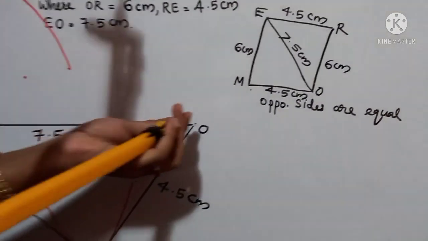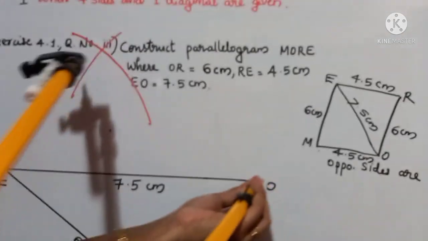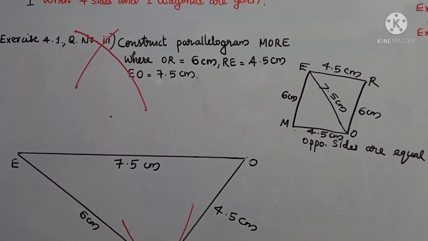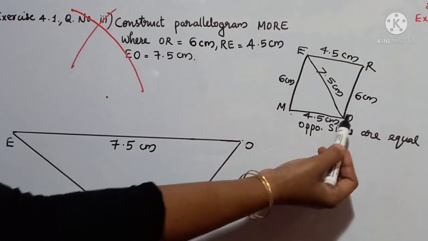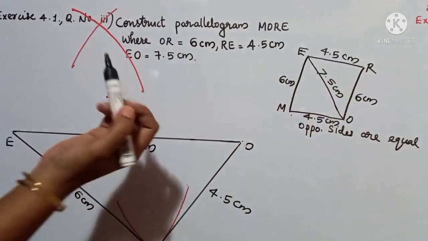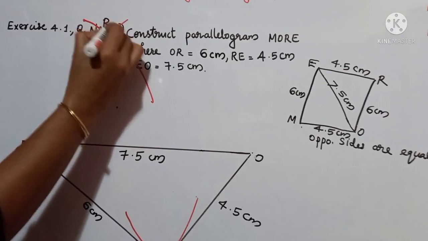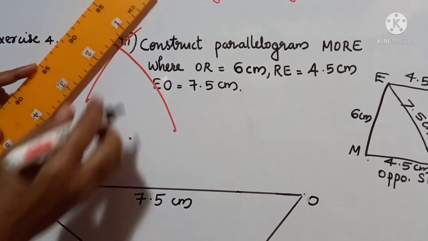Then pointing on O, draw another arc. Then we have got the point of intersection of those arcs. That is the point. Which point? R. So we have to write that point here, R, and join ER.